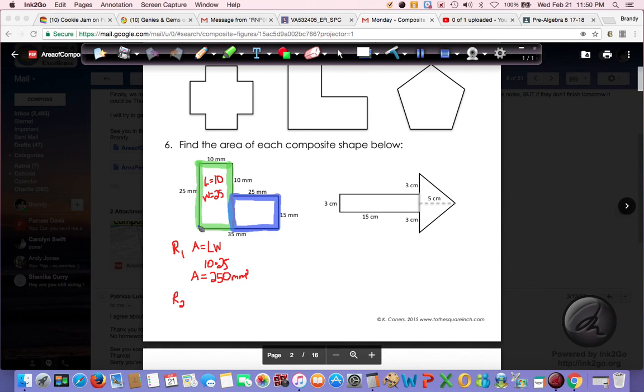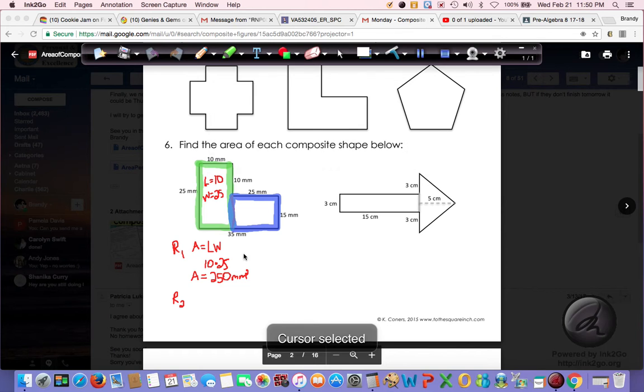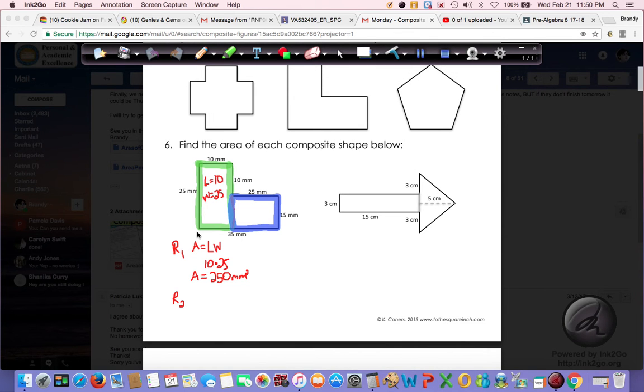So if the whole base of this entire composite shape is 35, and I know, oops, sorry guys, I know that this piece right here is 10, you would say 35 minus 10, and that would give you the 25 left over. But it already has a 25, so we're good. And then we know that our width right here is 15. Again, you could subtract 10 from 25, which is the whole width for this, and that would give me 15.